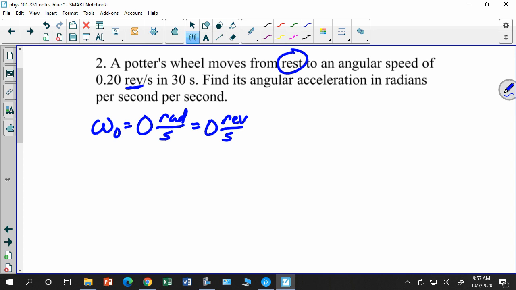If you're ever in doubt, you'll never go wrong converting to radians. So if you ever have a question, just always convert to radians. And you can use that conversion factor, that 2 pi radians is equal to 1 revolution. All right, so omega naught is 0 revolutions per second. It goes from rest to an angular speed of omega of 0.2 revolutions per second.